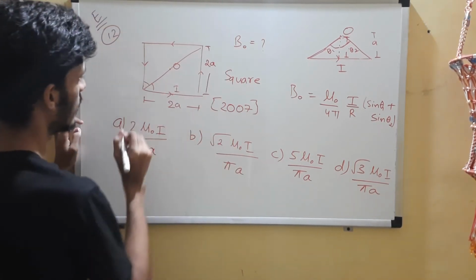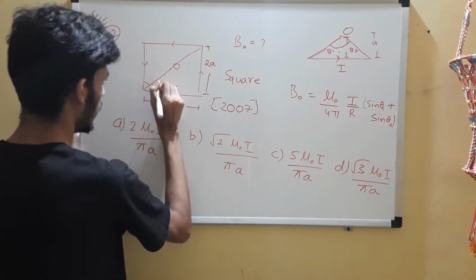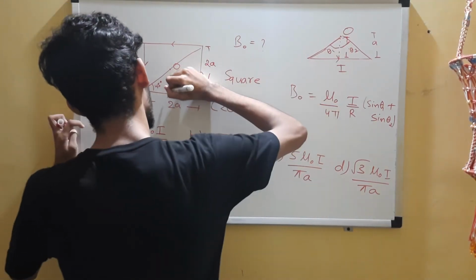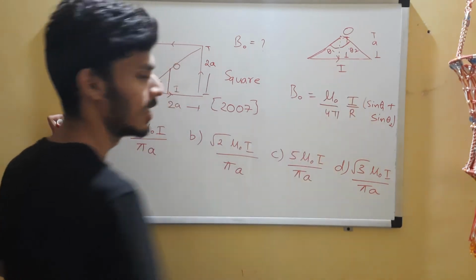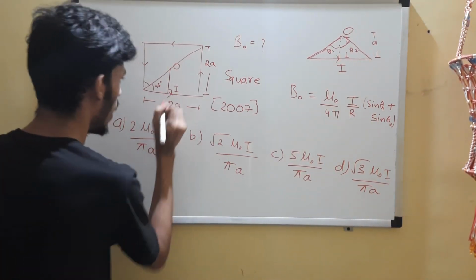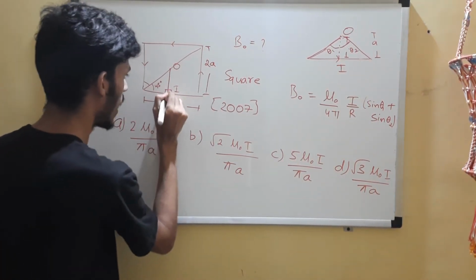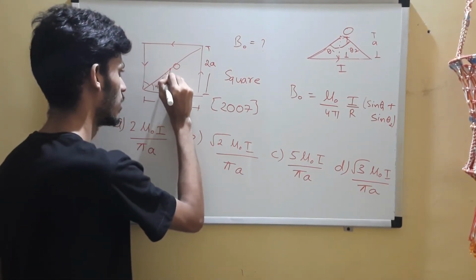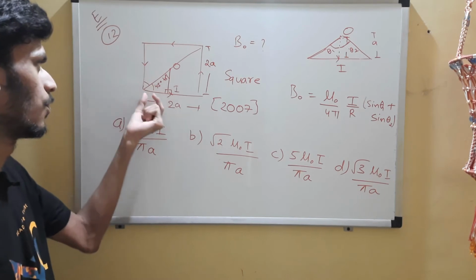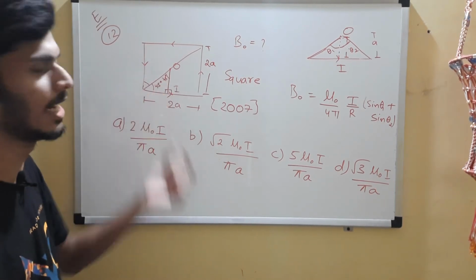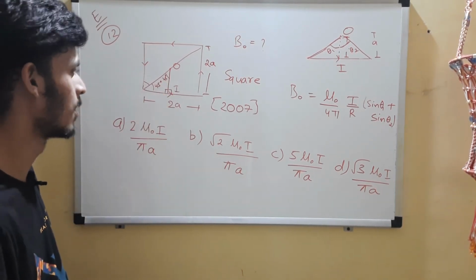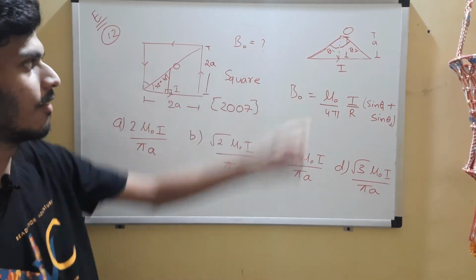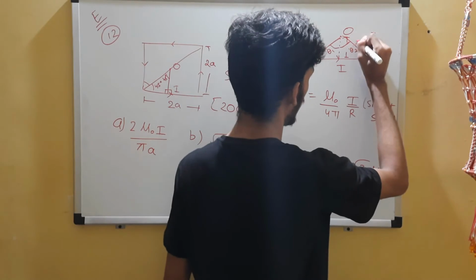This angle is 90 degrees, so the diagonal will bisect it and it will be 45 over here. We have dropped a perpendicular, the perpendicular distance as I said. Using the angle sum property, 90, 45, 45, so here also it will be 45 degrees. That makes it 180. So finding this angle using the angle sum property, theta 1 and theta 2 will also be 45.